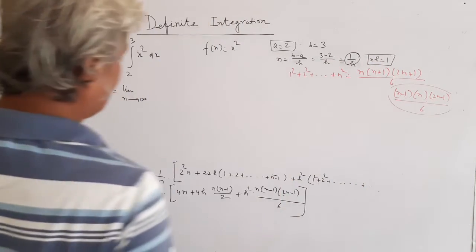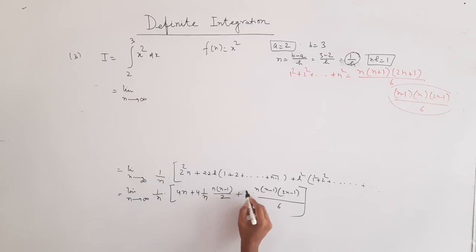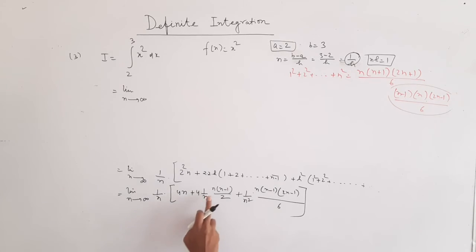So if I write this h as 1 by n here, and in place of h square I write 1 by n square, then this n and this n cancel each other.